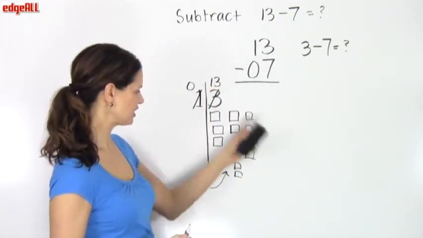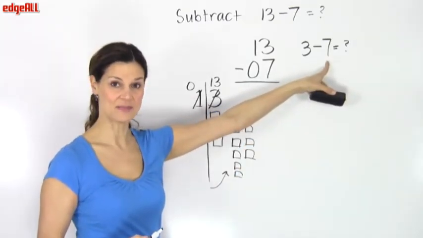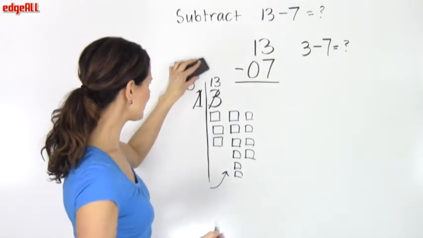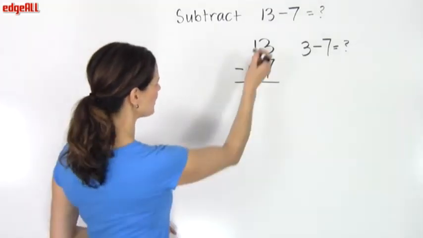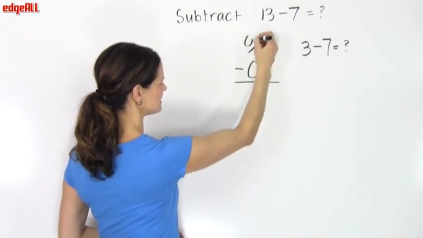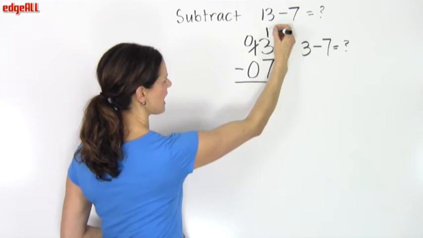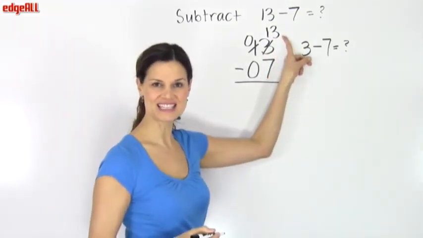So I now have 13 ones to take 7 away from. If I were to rewrite the problem here, I would borrow 1 from this tens place and make this a 0. And in my ones column, I'm going to make this 3 a 13.